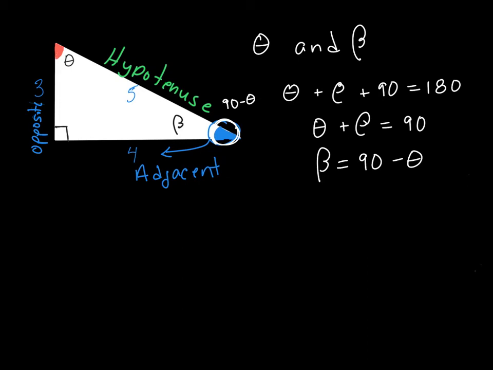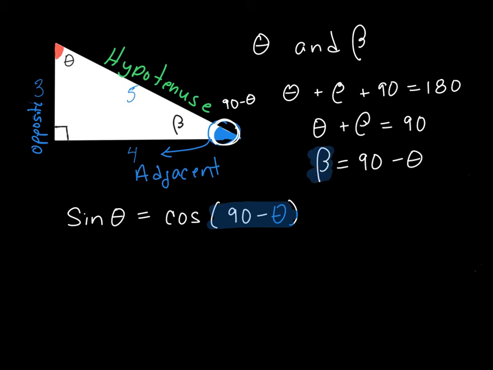That angle is the same. And this brings up an important identity, and the identity is just that the sine of theta is equal to the cosine of 90 minus theta. But remember that 90 minus theta is actually beta.